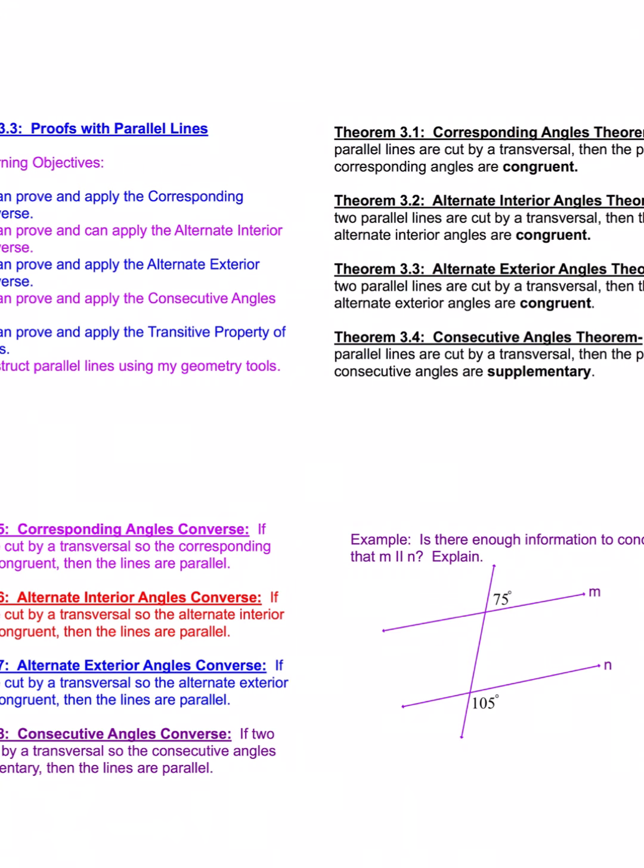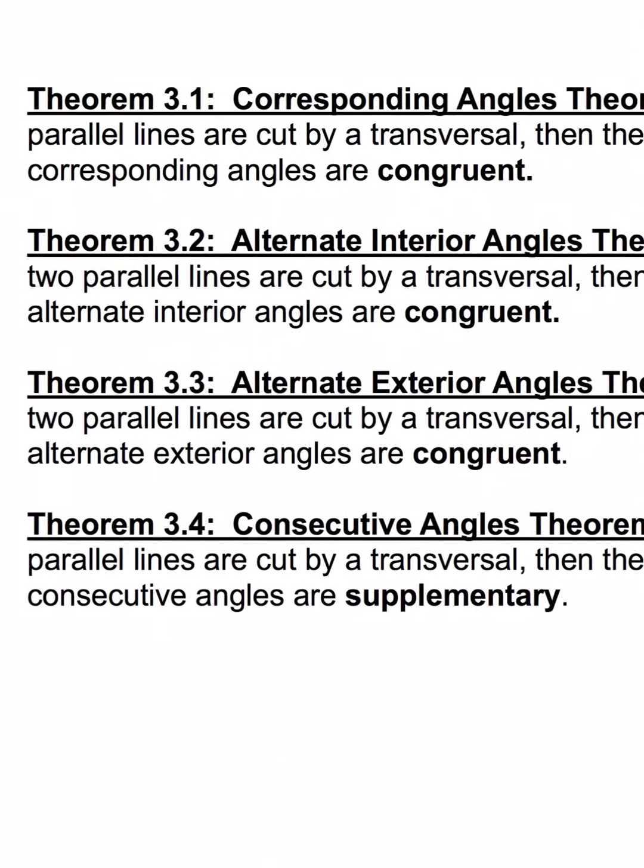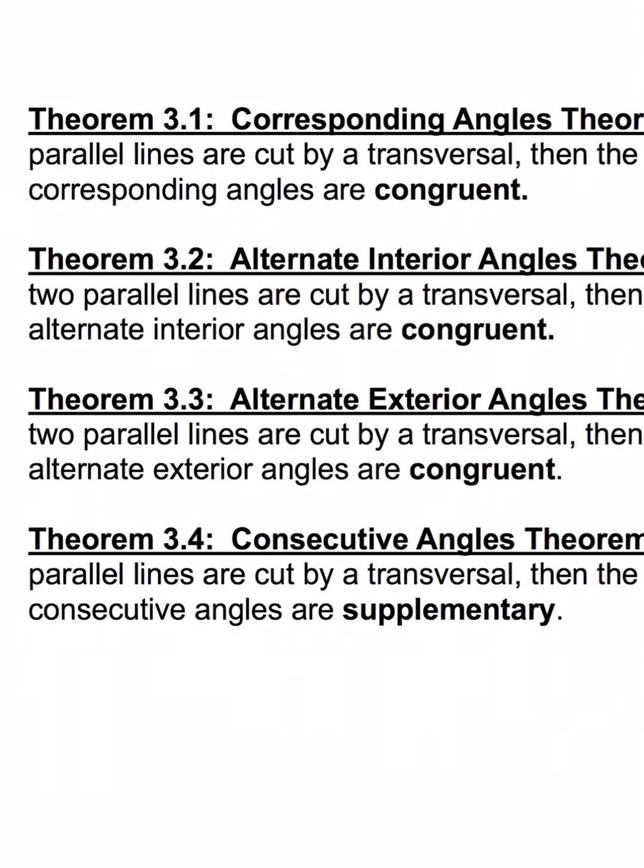Okay, so anyways, we've got 3-3 proofs with parallel lines. We already learned these theorems that said if you have two parallel lines that are cut by a transversal, then corresponding angles are congruent. We also had alternate interior angles. They're assuming that you're starting with parallel lines, and if you have parallel lines, then alternate interior angles are congruent.